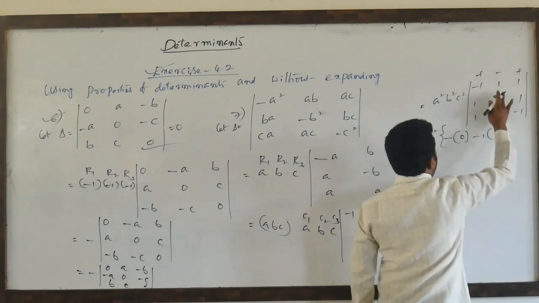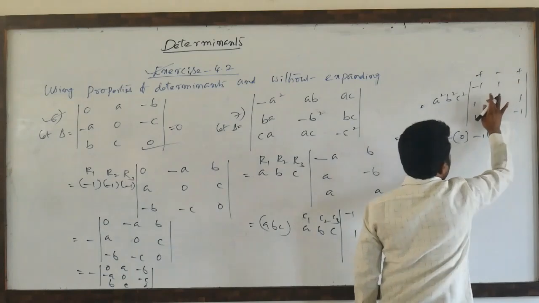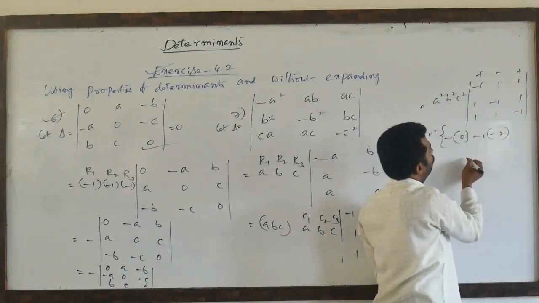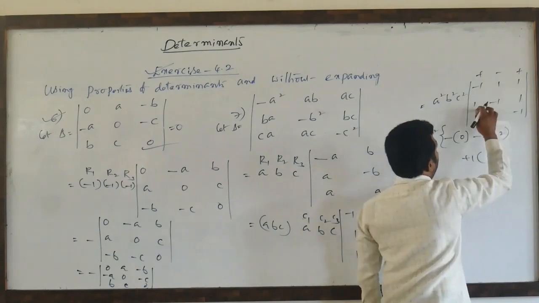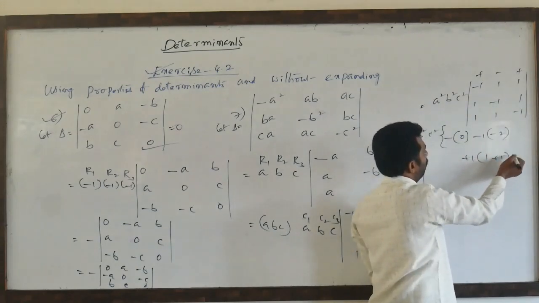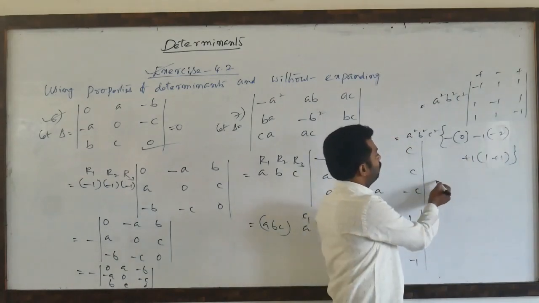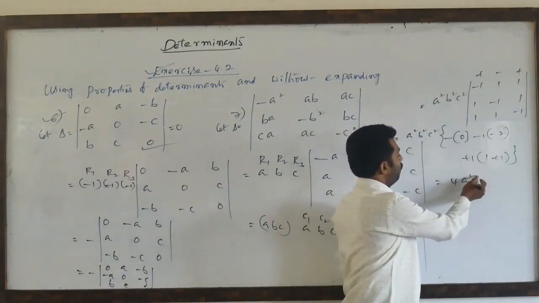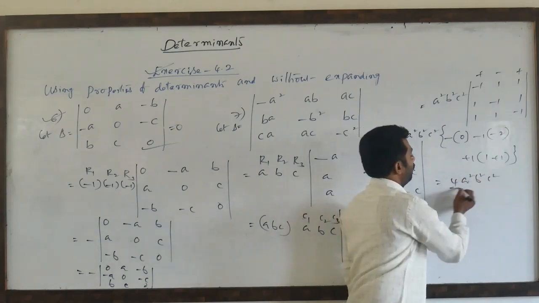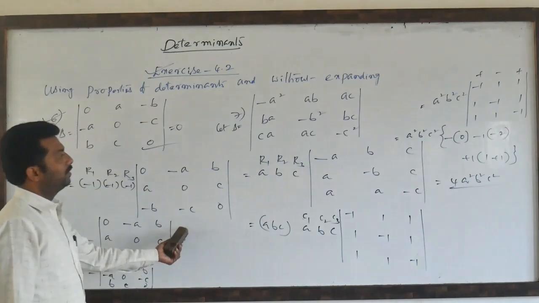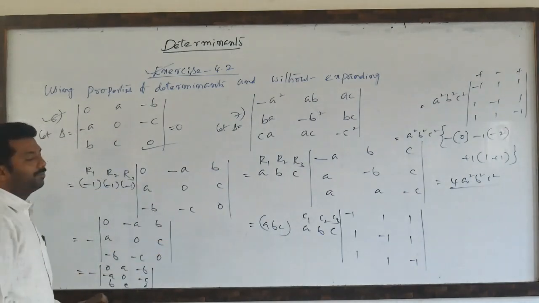Minus 1 into, you close this row and this column, minus 1 minus 2, plus 1 into 1 plus 1. So this is 2 plus 2, which is 4. So finally 4a square, b square, c square is the answer. So like this you have to answer these types of questions. Okay, thank you.